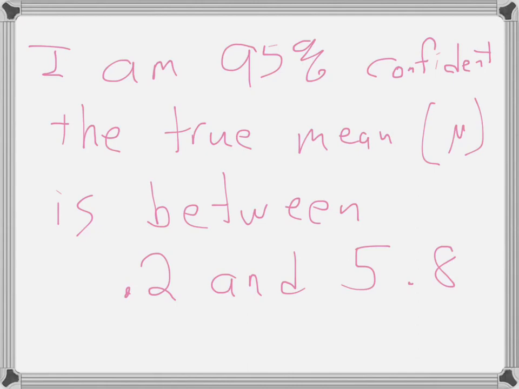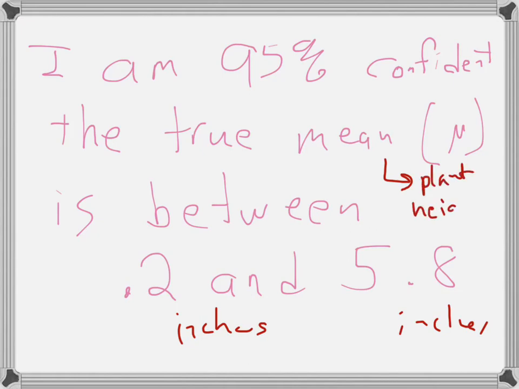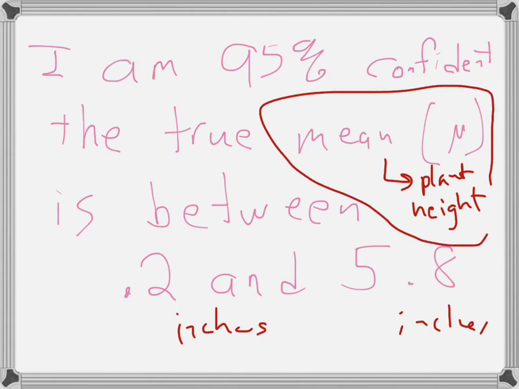So between 0.2 inches and 5.8 inches. And then also here we would need to say the true mean plant height. I know I didn't have a context for this problem, but we need to add context by the mean and by the data.